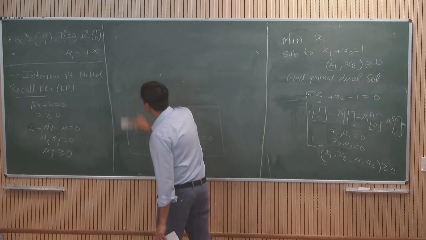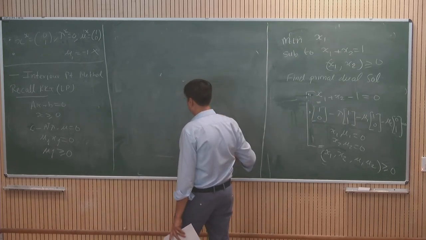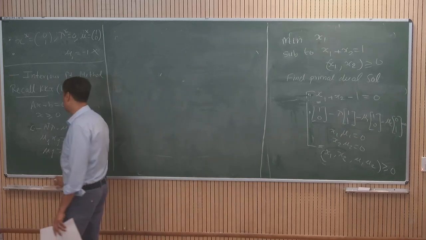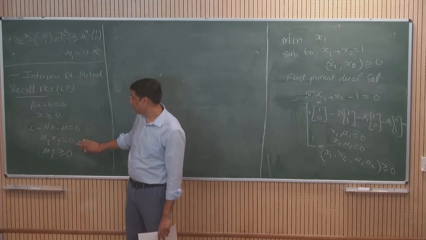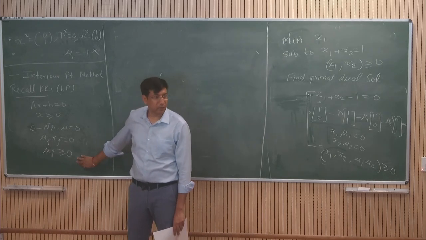Why the interior point methods come after dualities will also be clear in a minute. Everybody okay? Equality, inequality, Lagrange multiplier, complementarity and non-negativity.